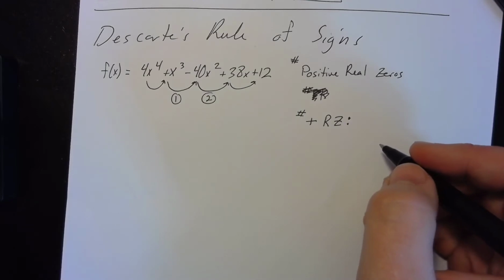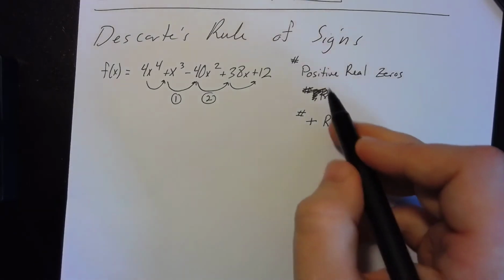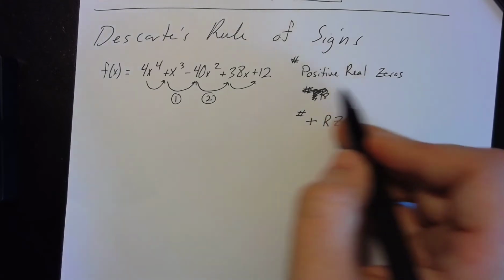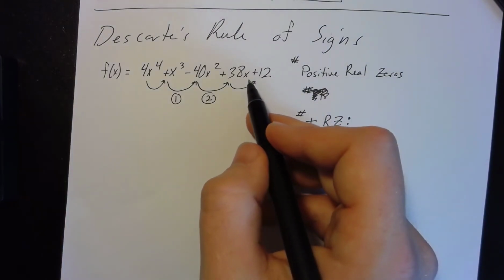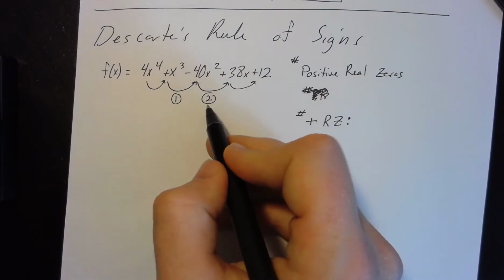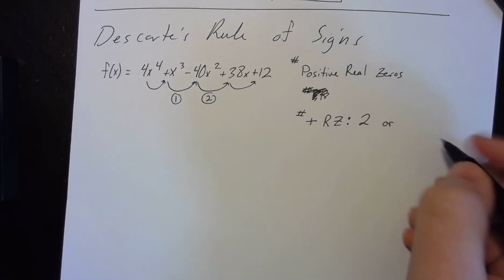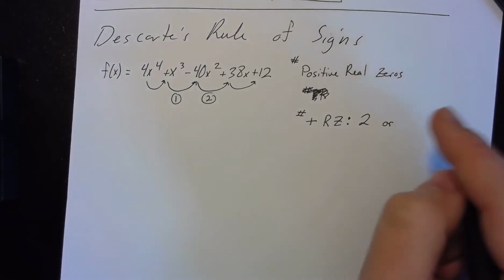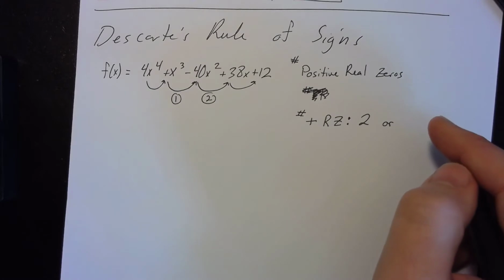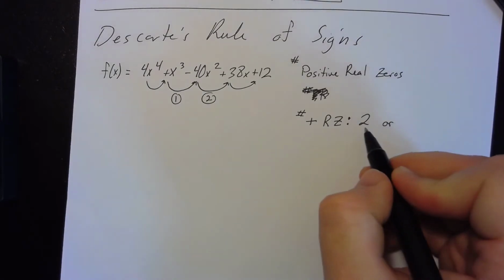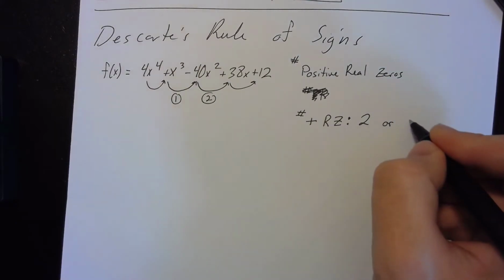Now, Descartes' rule of signs specifically says that the number of positive real zeros that this polynomial can obtain is either equal to the number of sign changes in total, so 2, or some number less than that after subtracting an even number. So, if I get 2 sign changes and I subtract an even number from this, I get 0.